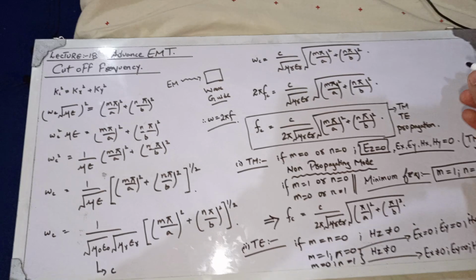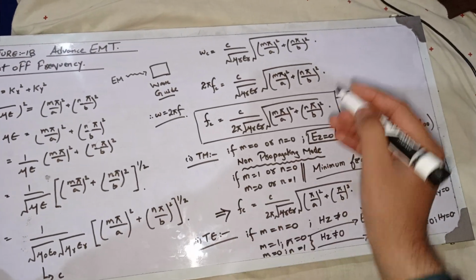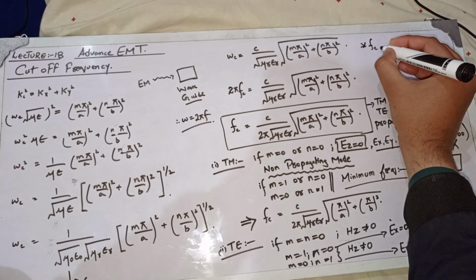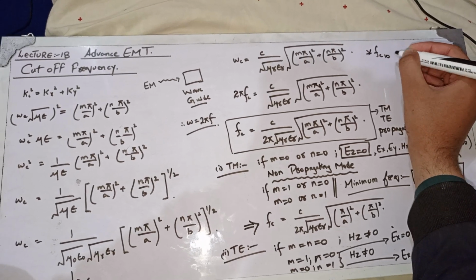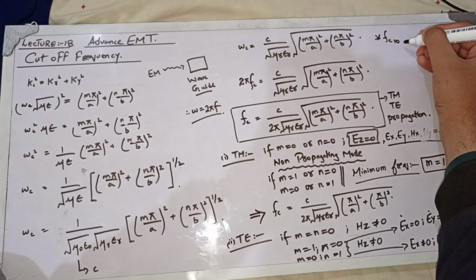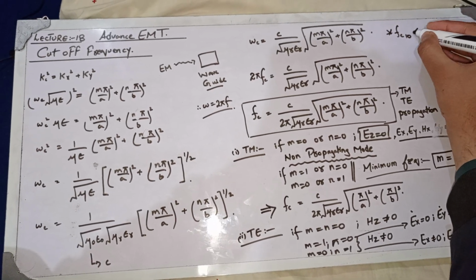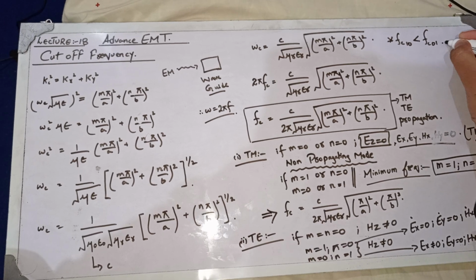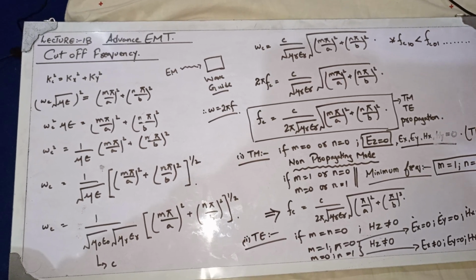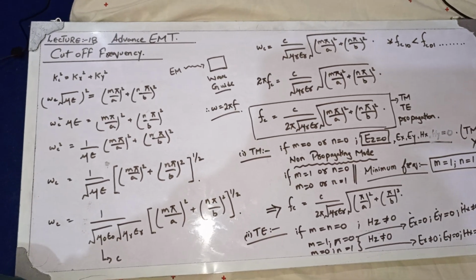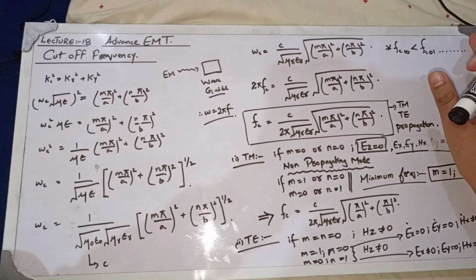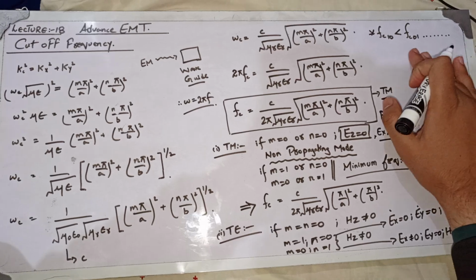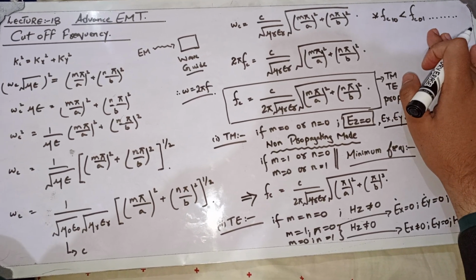And there is a new concept in TE mode: the cutoff frequency for 1 0, when m is 1 and n is 0, is always smaller than the cutoff frequency of 0 1 and any other mode, 2 0, 2 1, any other mode you take. Your 1 0 mode is always less than any other mode.